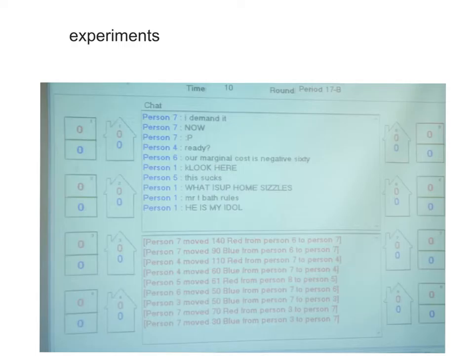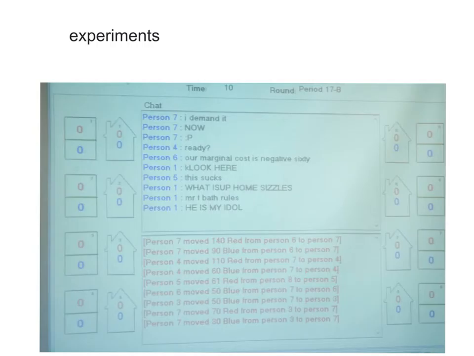The rules of exchange and trade had to be developed endogenously by the subjects, in this case students, through interaction. There is no external enforcement of property rights, for example. People can, in fact, steal from each other.